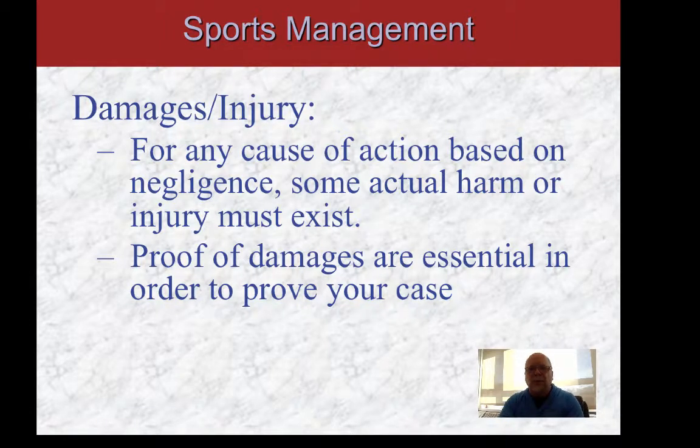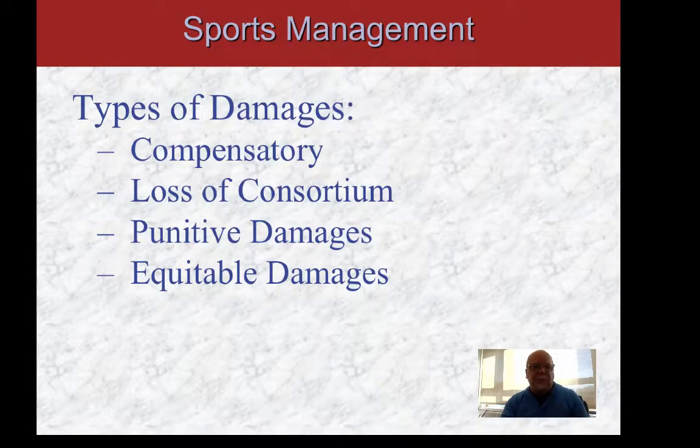So you actually have to prove that you were hurt somehow. And you have to show evidence that you were hurt somehow. If there's no evidence, I can't give you an award. Right? There are many types of damages, but the four that you're mainly going to be concerned about are compensatory, loss of consortium, punitive, and equitable damages.